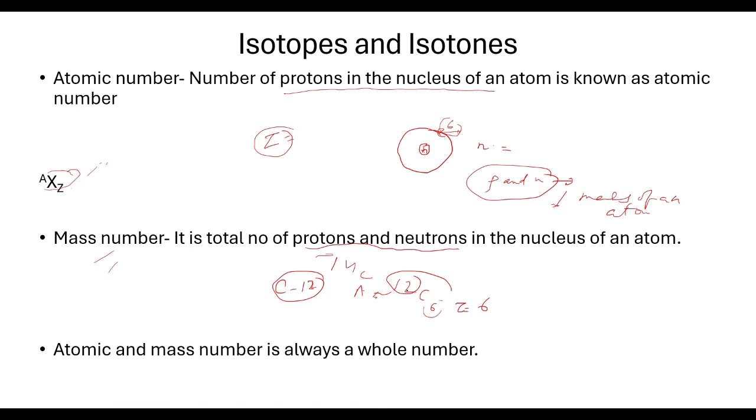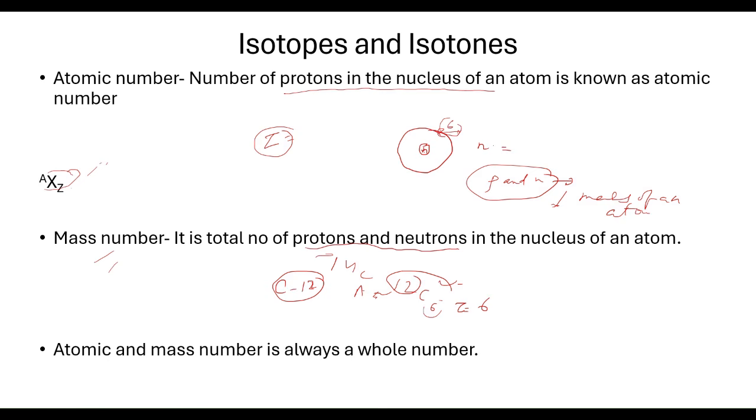So 6 protons and 6 neutrons together give the mass number of 12. So this is how the mass number is defined. And then we have to remember one important concept: atomic and mass number is always a whole number. It's never in fractions. It is always a whole number.